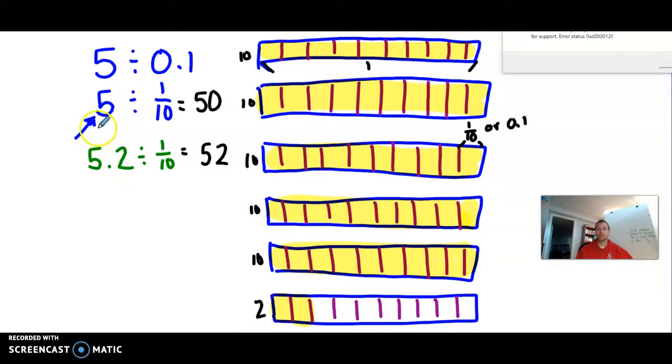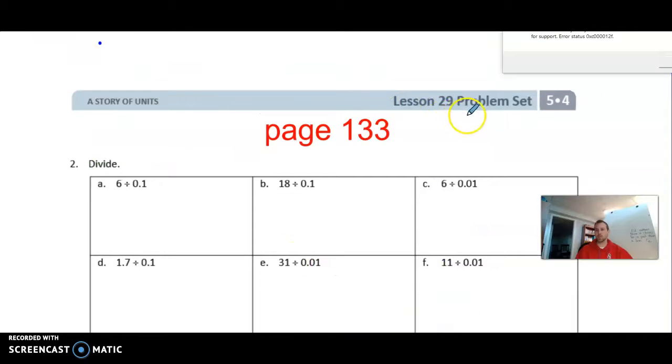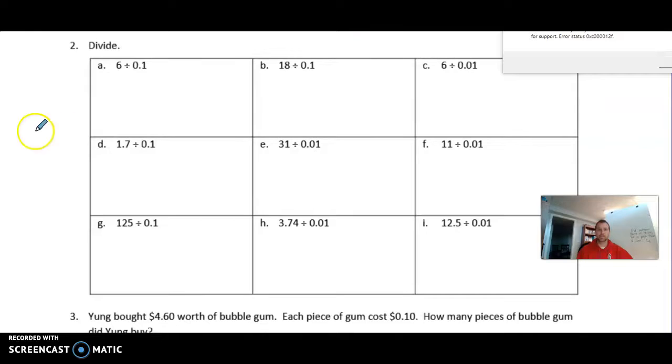So let's go back through to our homework, or I shouldn't say homework, the problem set here. Page 133. If you don't have it, use a scratch piece of paper. And we're going to focus on letter D, because letter D has that decimal in the tenths. Letter A is very similar to last week's, where you were doing 6 divided by 1/10.